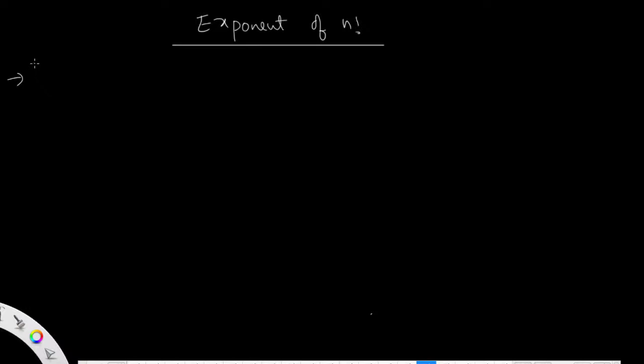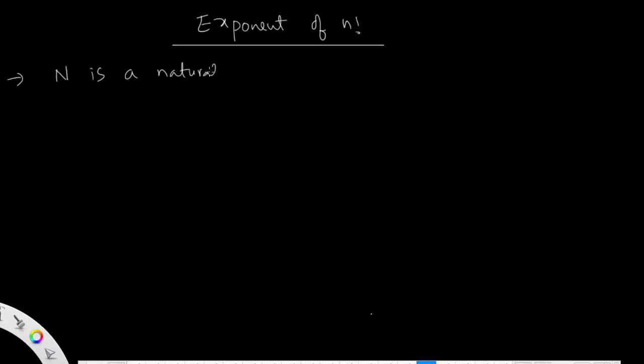If n is a natural number and in n factorial the exponent of a prime number p is given by floor of n by p plus floor of n by p square plus floor of n by p cube, this is said to be the exponent of n factorial. So write down the formula. Afterwards I will explain some basic problems, then you can get the clarity.